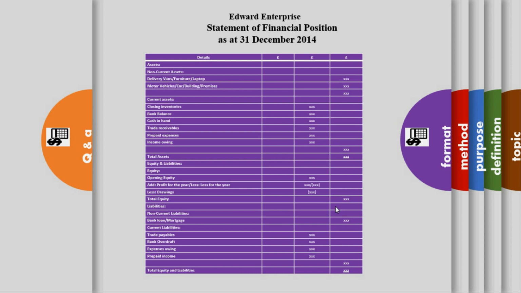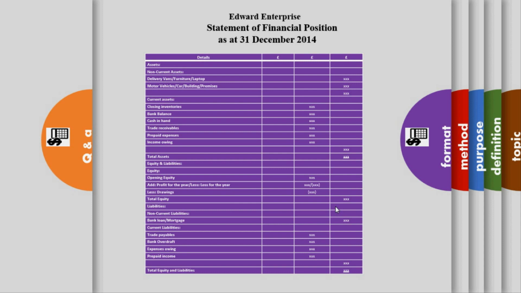Then after that, we will get the total assets. And the next portion of this is equity and liability. We need to separately identify the equity first, then the liability, and add them together in order to get the total equity and liability. This is the short format I have given to you as a detail sheet.